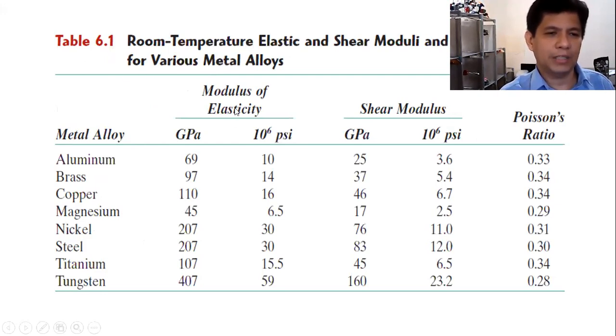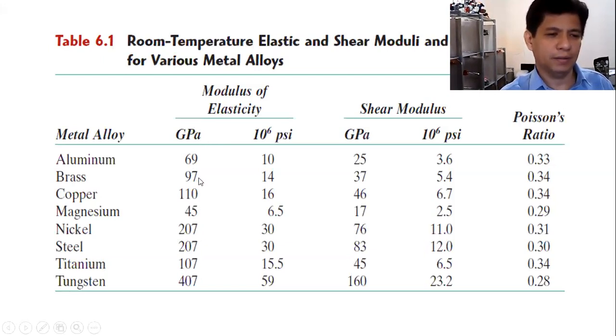Ito yung modulus of elasticity E in gigapascal. As you can see, yung modulus of elasticity is the same unit as the engineering stress, kasi unitless naman yung engineering strain. So gigapascal din siya. Kung gusto nyo megapascal, just simply multiply by 1,000.